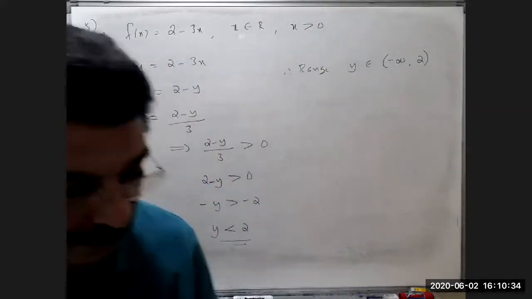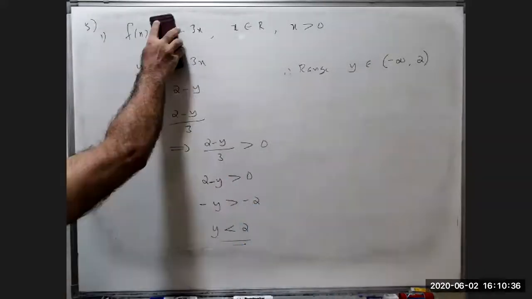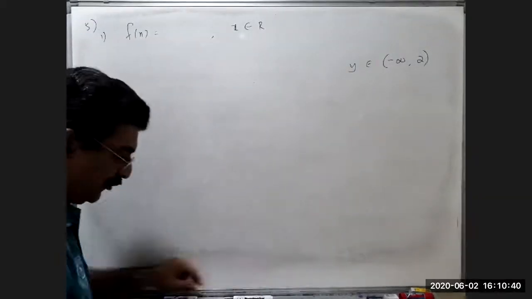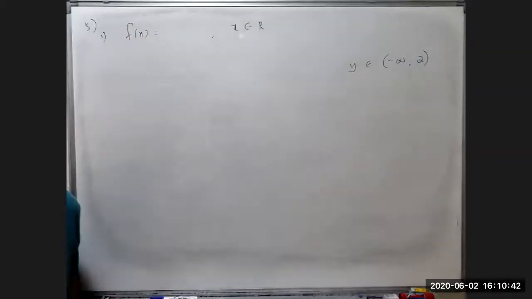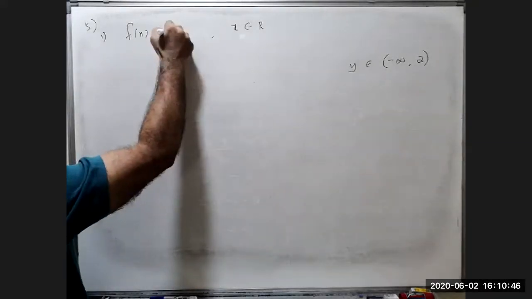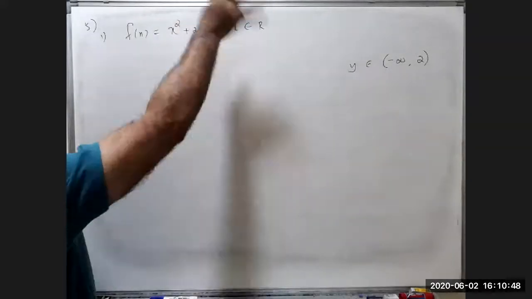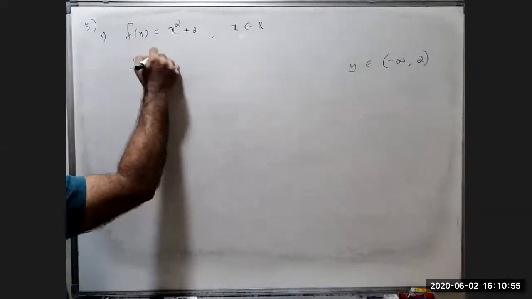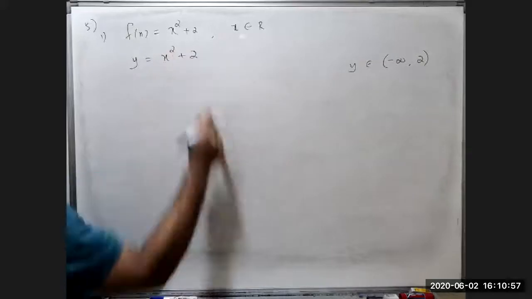Next one, f of x is equal to x square plus 2. If f of x is x square plus 2, x belongs to real numbers, which means x can be any real number. Again, y is equal to x square plus 2.